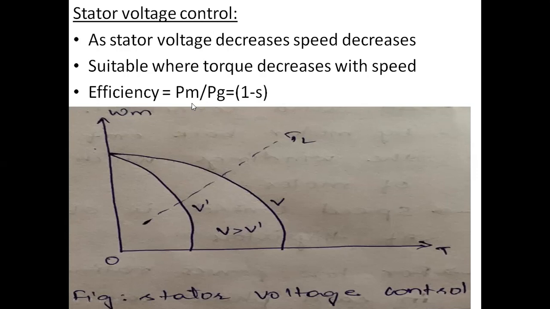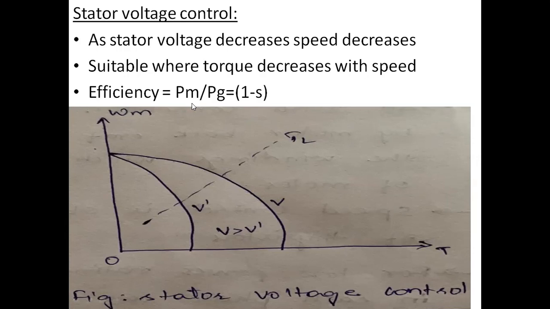If you want the speed to be controlled constant, this is done by dissipating a portion of the rotor power input.